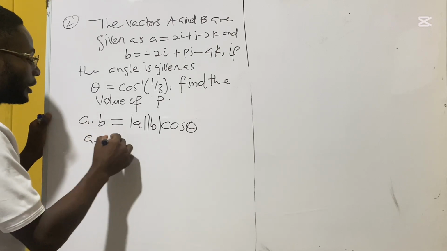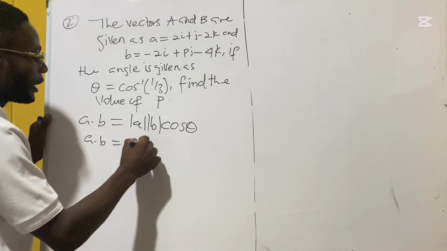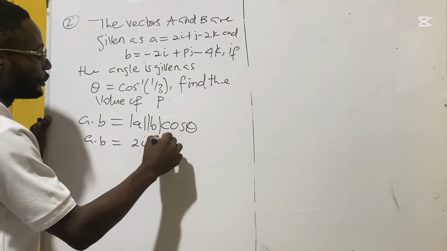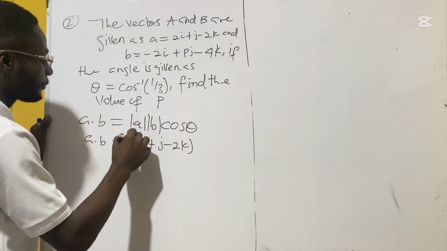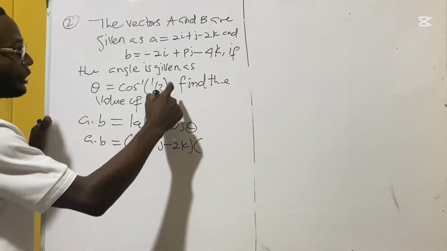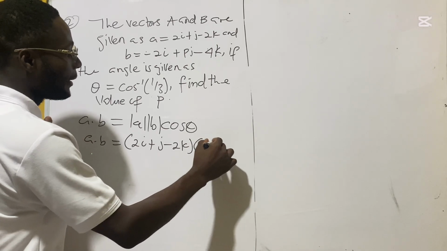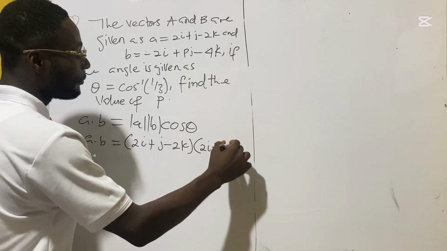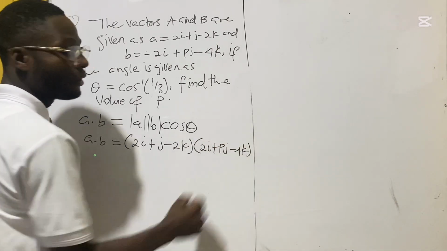So a dot b will be equal to, our a is 2i plus j minus 2k, right? And our b is 2i plus pj minus 4k, right?